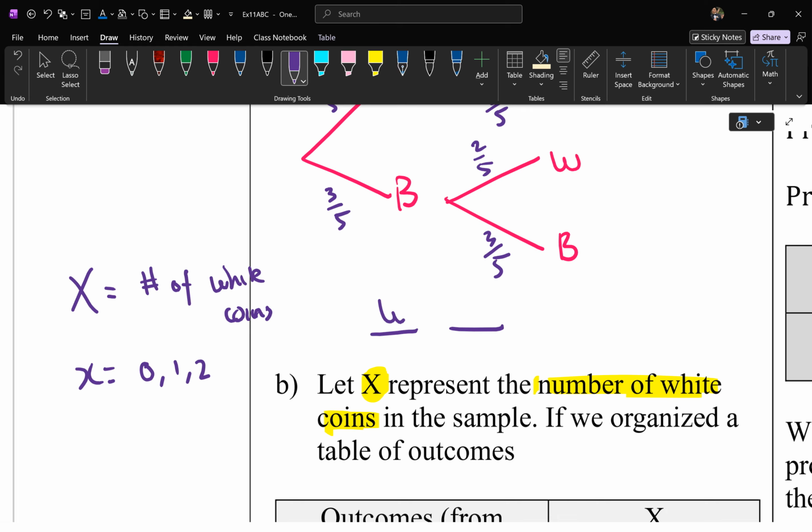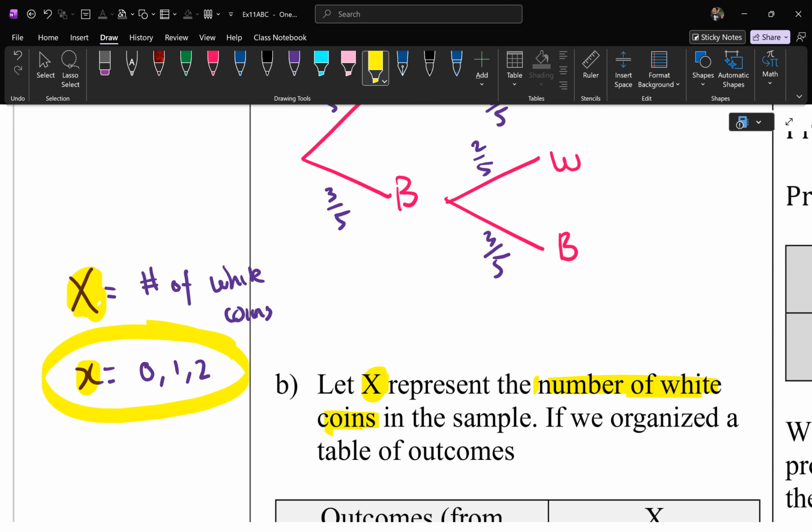Or I could get white and a white, so then I get 2 whites. That's the only scenarios, but the key part was to understand the difference between writing capital X, so you're defining what you're interested in, and then what little x represents. Notice that little x is discrete: 0, 1, 2. You can't have 0.5, you can't have 0.1. That's why we call it a discrete random variable. Does that make sense? Yeah?